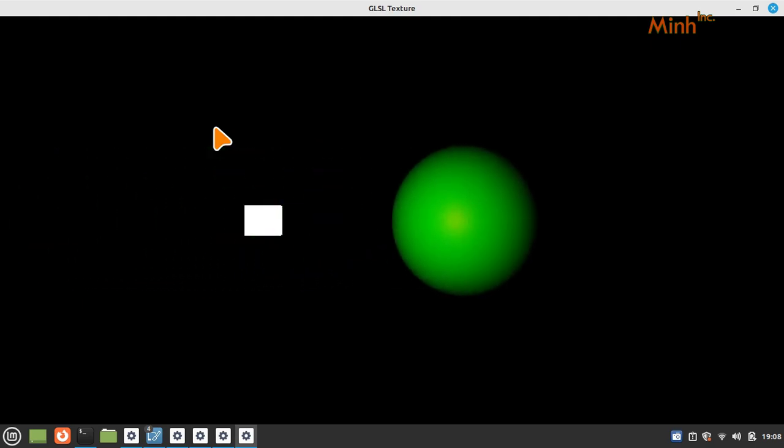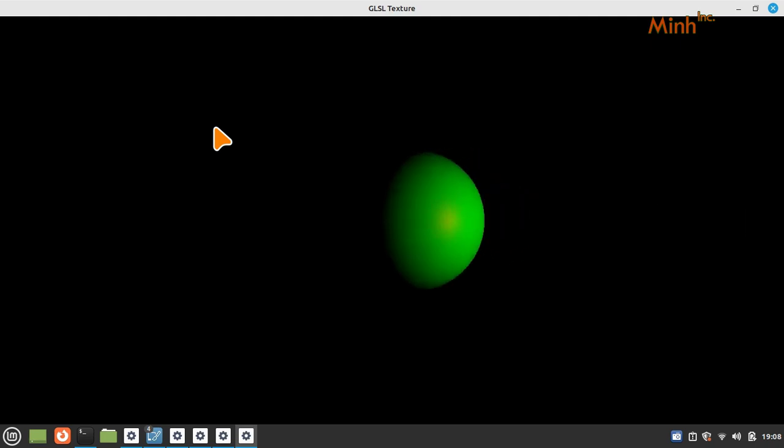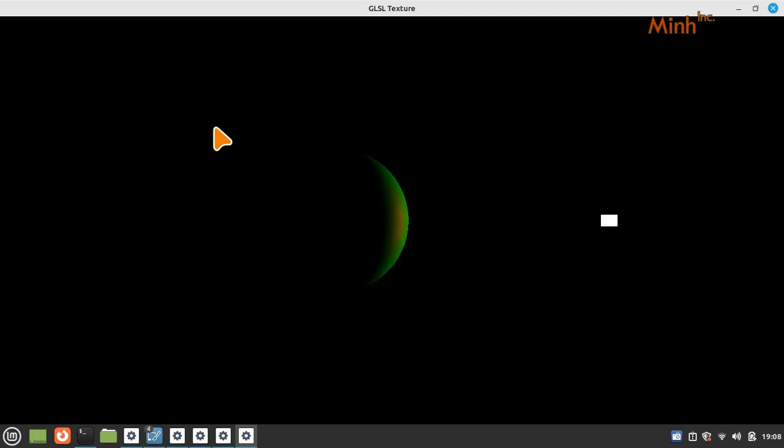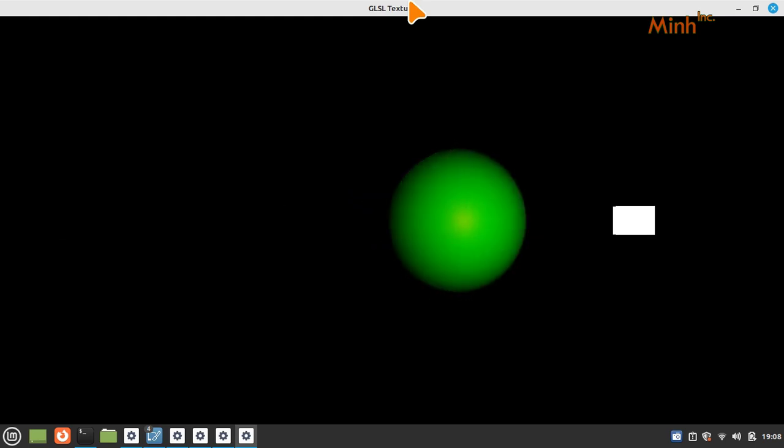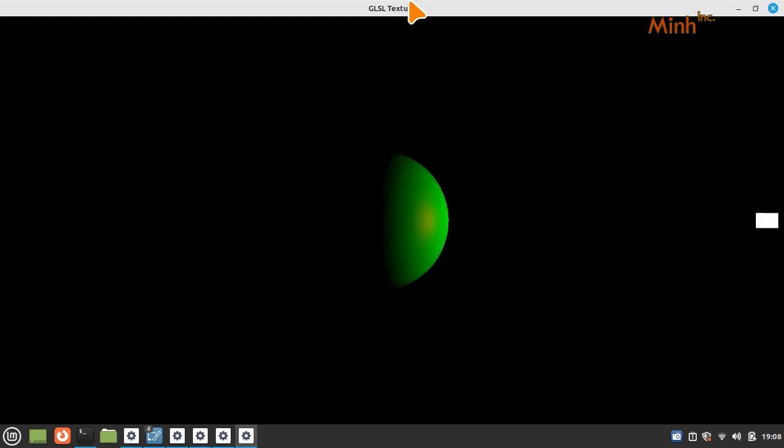I believe we can rotate as per the global axis also. Now the sphere and light are both rotating. We are rotating the full global axis. We can clearly see that wherever the light direction and the normal of the sphere are in the same direction, brightness is maximum.